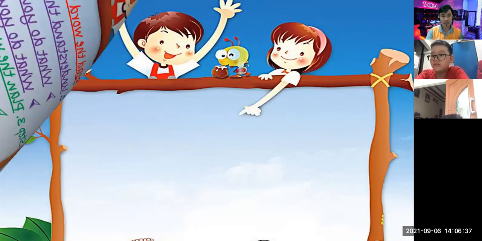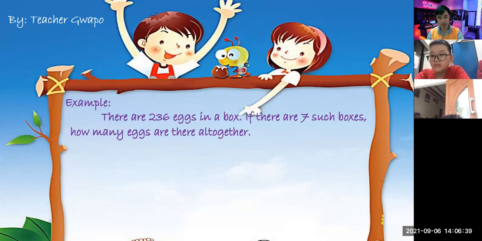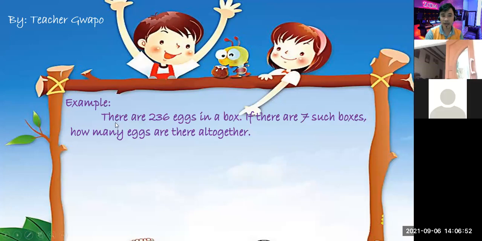Now let's see an example. We will use the example in your book, about the eggs. So let us read it all together. Can you read it with me? Ready? There are 236 eggs in a box.